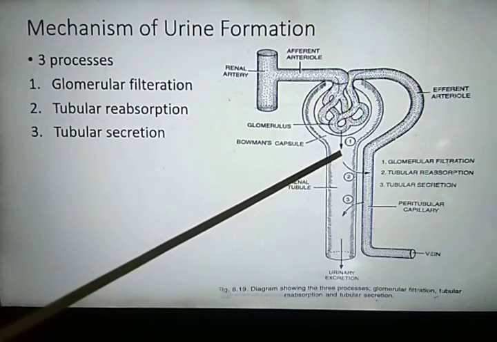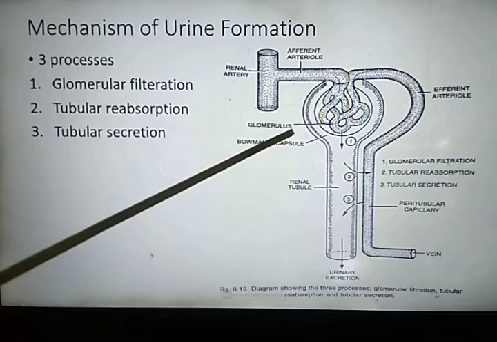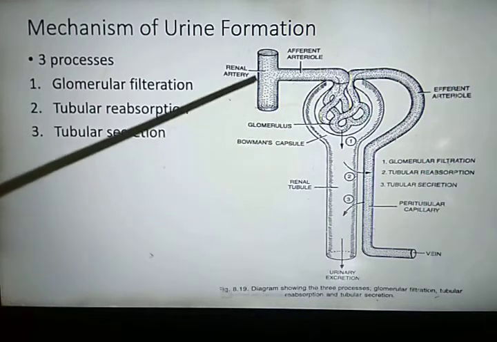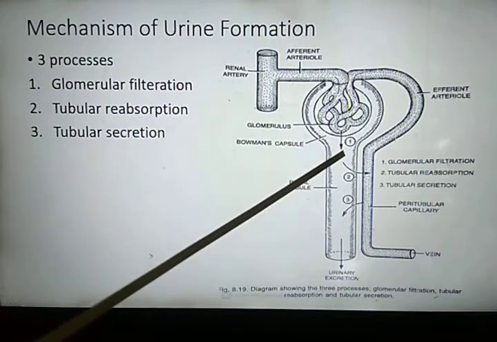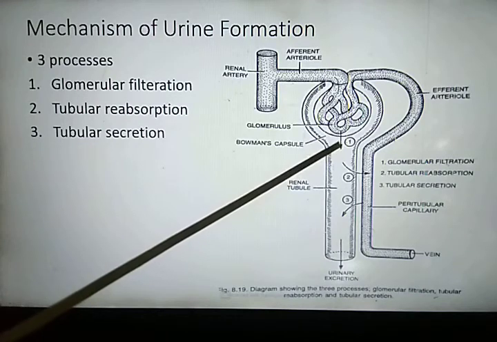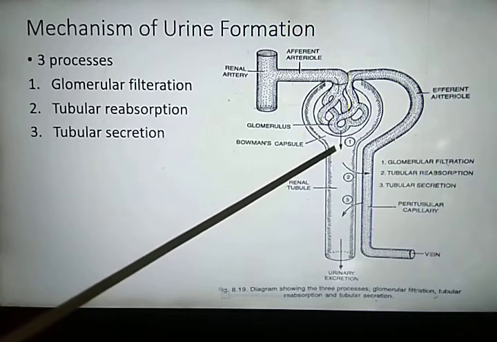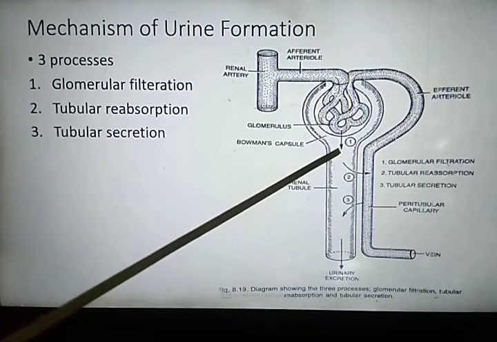That's why it is known as ultrafiltration. And the filtration of blood which is carried out by the glomerulus is known as glomerular filtration. This filtered out fluid which is present in the lumen of Bowman capsule is known as glomerular filtrate or ultrafiltrate.